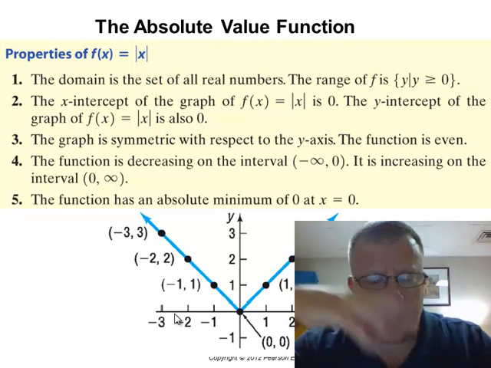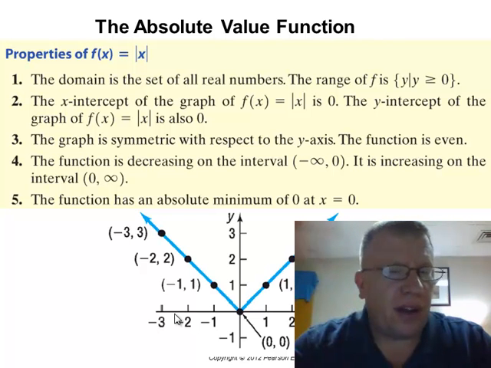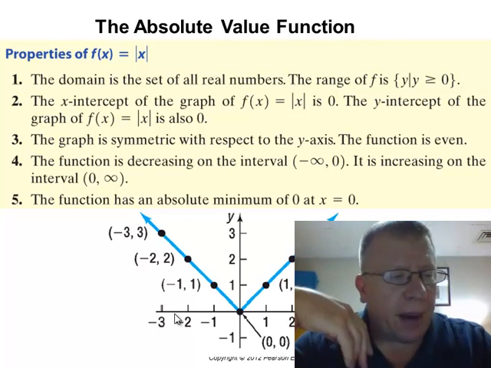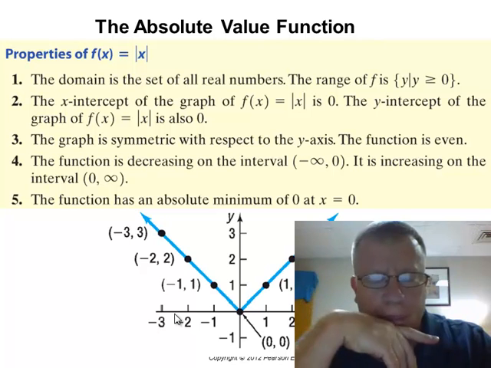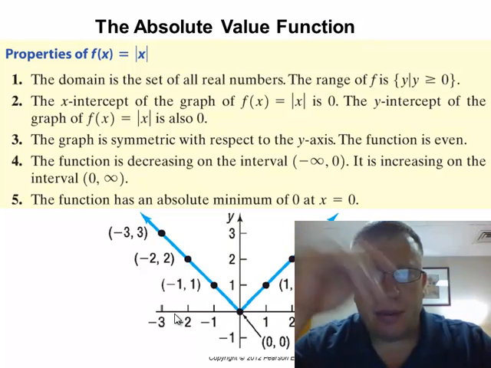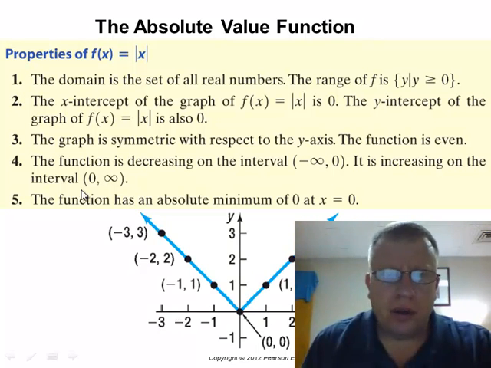And of course, you only get 0 when you take the absolute value of 0 itself. The absolute value of any other real number is going to be positive. So the range is always going to be the non-negative real numbers. So here's the domain, all real numbers, the range, set of non-negative real numbers.